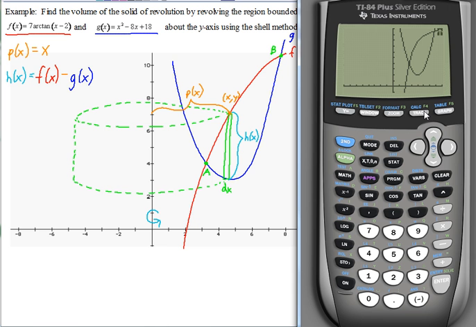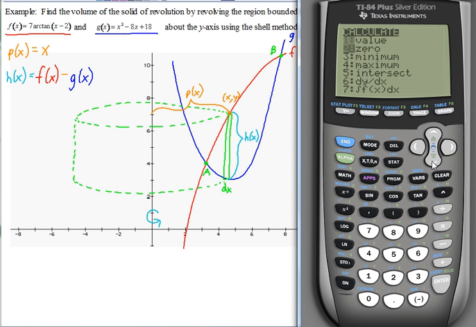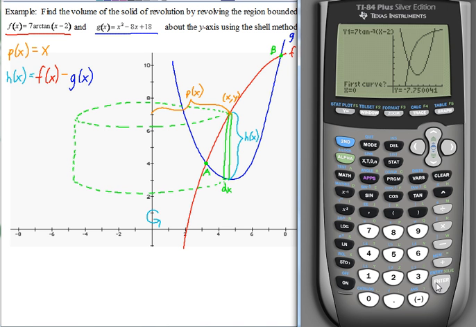Second calc, number 5, intersect. First curve is y1, enter. Second curve, y2, enter. Guess, I'm going to guess the first one looks like about 2.5. Or you can move your cursor left and right.